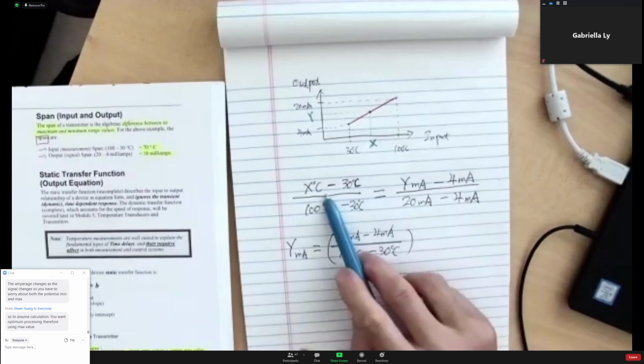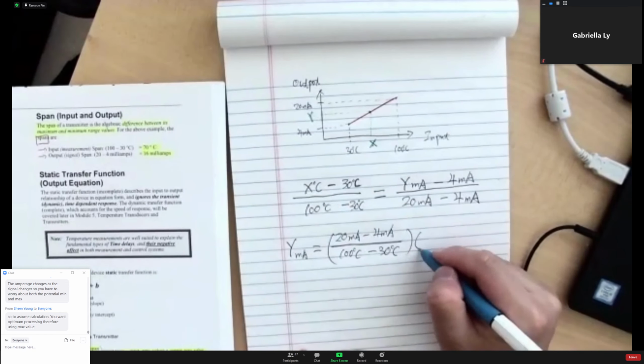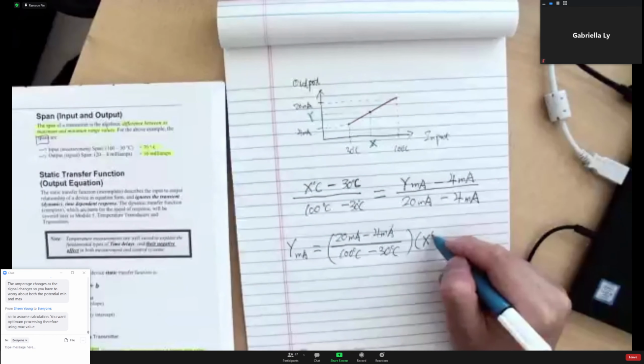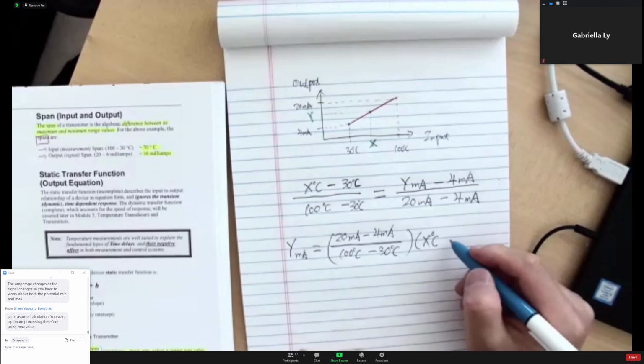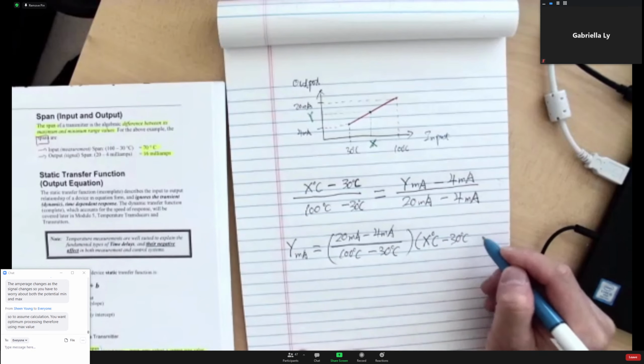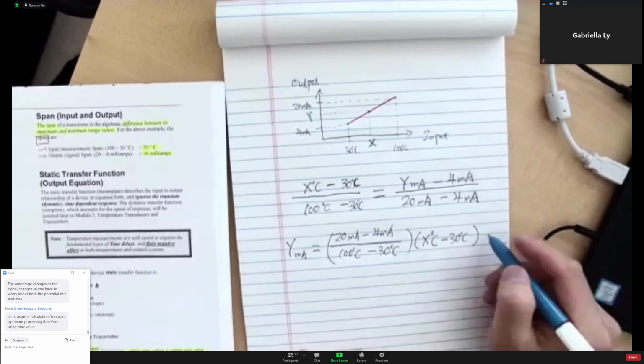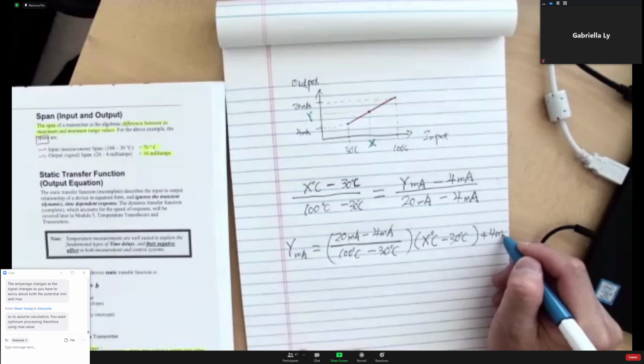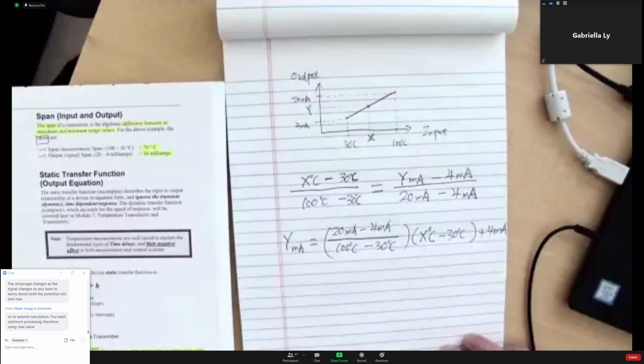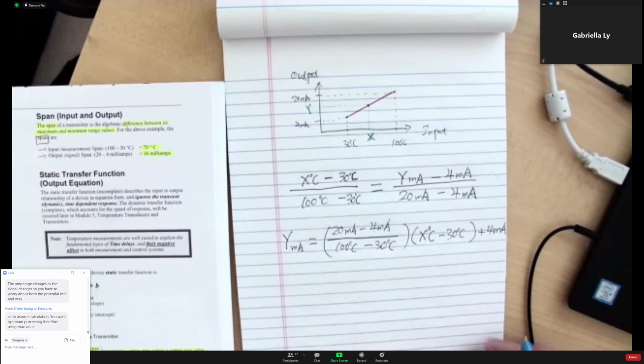We move this one to the top. Then whatever the degree we know, subtract 30, we still have to add 4 milliamps. So that is after the transposing.